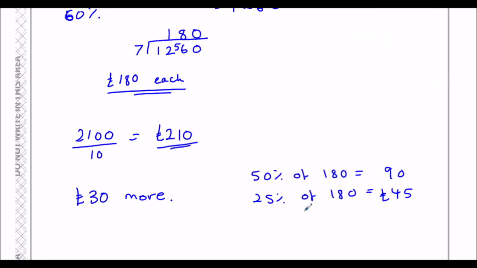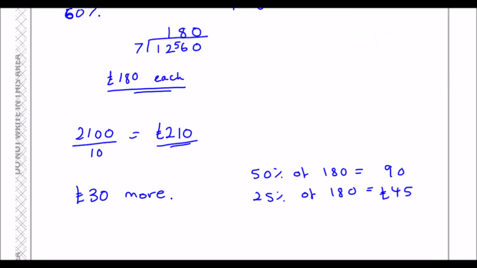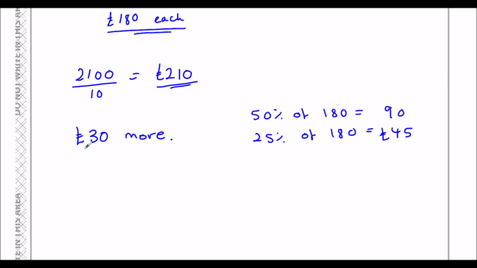So he's not going to get £45 more. He's not getting 25% more. He's getting £30 more. So no, £30 is not 25%.